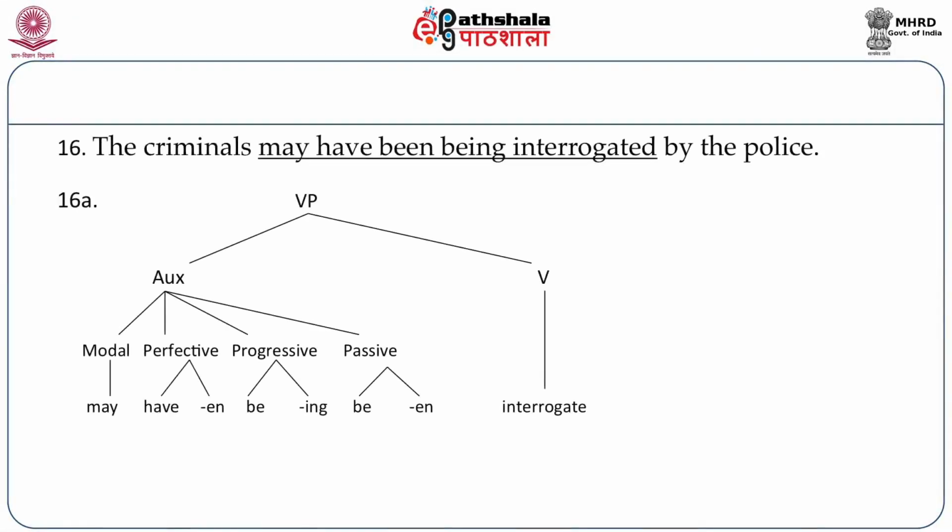So we get have been, and then in progressive we have be plus ing, and that ing is attached to the be of passive, and that is how we get being. Then we have the suffix of passive, which is en, which is attached to interrogate, and we get interrogated.